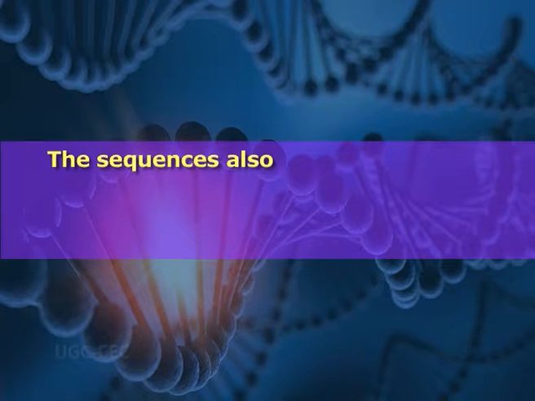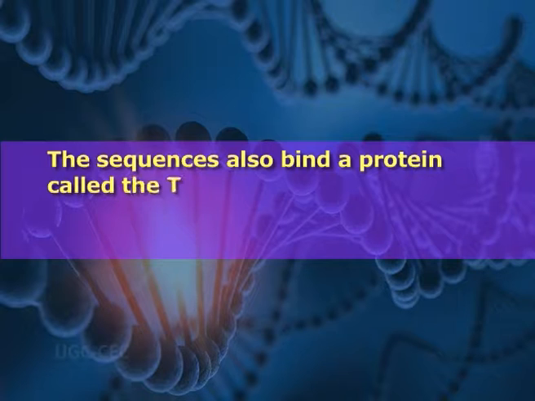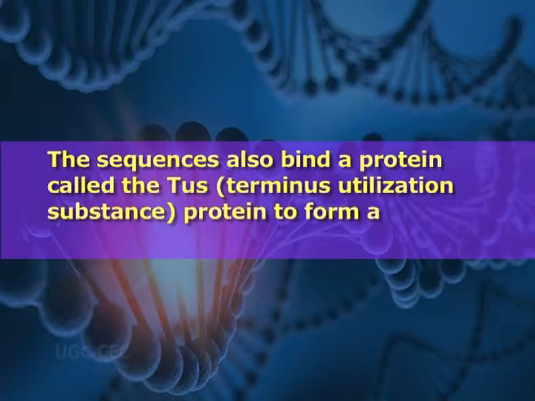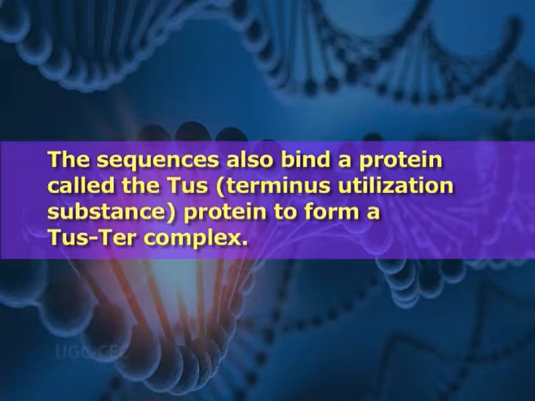The sequences also bind a protein called the TUS, terminus utilization substance protein, to form a TUS-TER complex. Only one such complex functions per replication cycle, and it stops the first replication fork that reaches it. The other fork stops when it meets this trapped one.